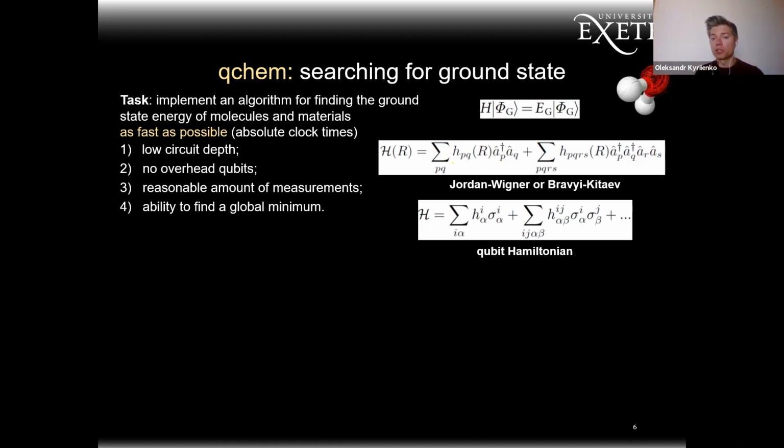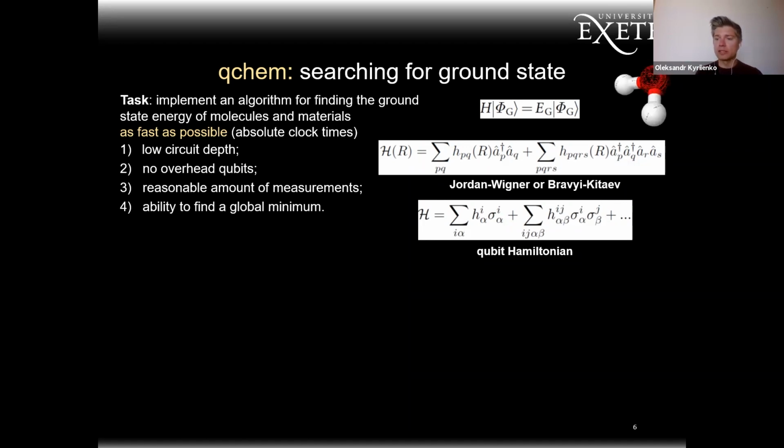We have the coefficients and these are coupled fermions. That's good enough for me. When we map it to qubit Hamiltonians, my task will be to find the way how we can prepare the ground state of this model, ideally without overhead qubits, with low circuit depths, and for a reasonable amount of measurement.